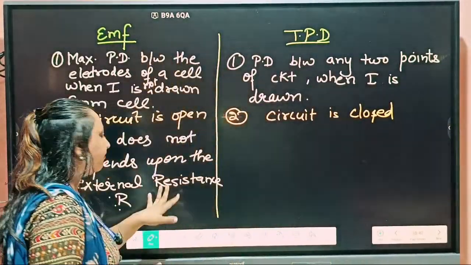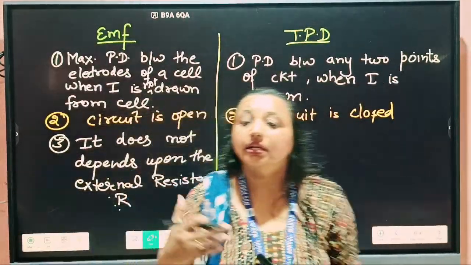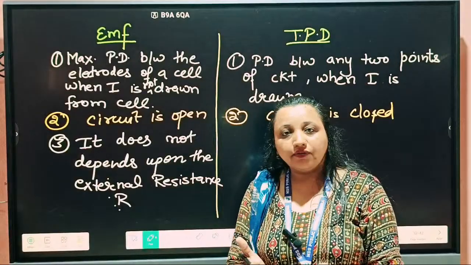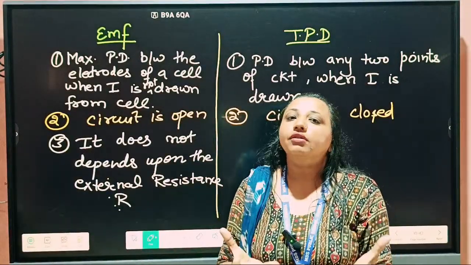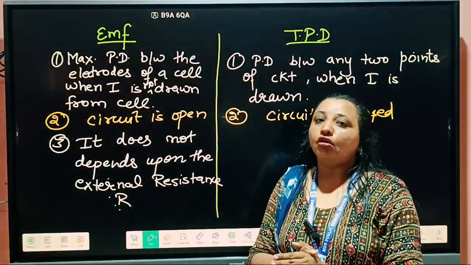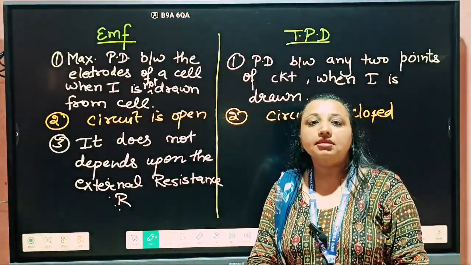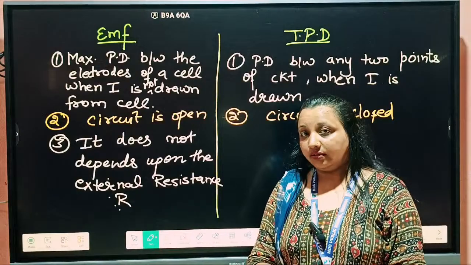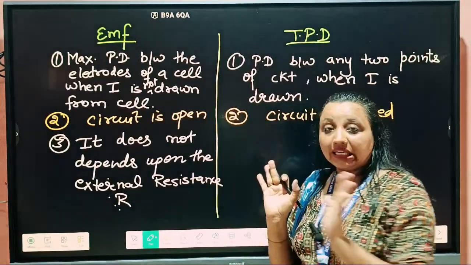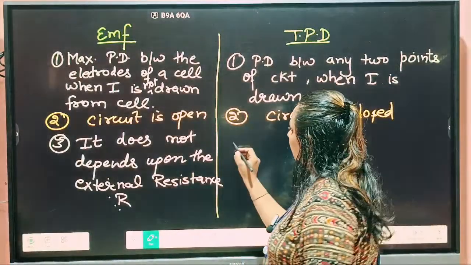So the value of EMF doesn't depend on R, because in case of EMF, current doesn't start flowing, so resistance is not offered. But the value of terminal potential difference depends on the external resistance R, because current starts flowing.